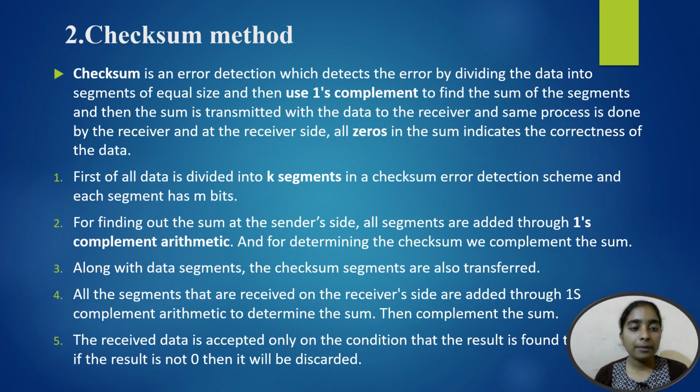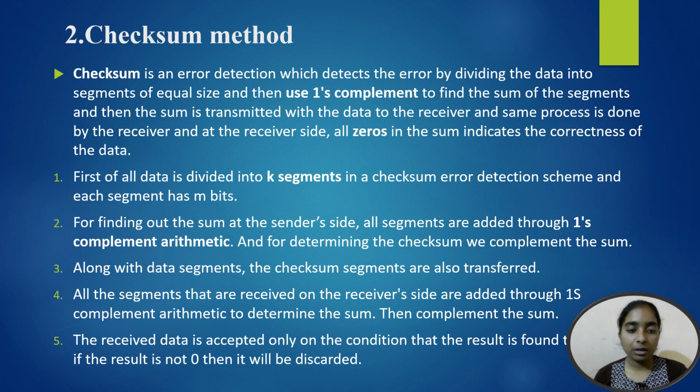In the first step, all the data is divided into K segments in the checksum error detection scheme, and each segment has m bits. For finding the sum at the sender's side, all the segments are added using ones complement arithmetic. For determining the checksum, we complement this sum. Along with the data segments, the checksum segment is also transferred.